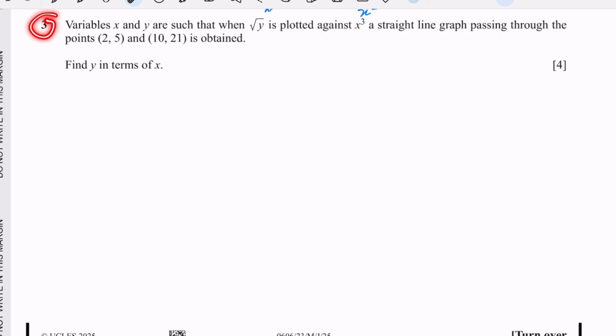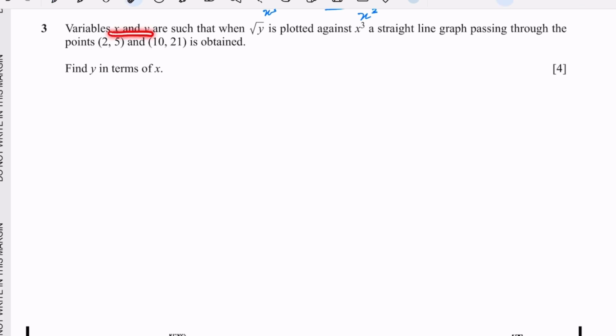Question number 3. Variables x and y are such that when y is plotted against x, can be visualized like this. This is square root y and this is x power 3. A straight line graph is passing through the points 2, 5 and 10, 21. Every straight line equation can be written as y equal to mx plus c.